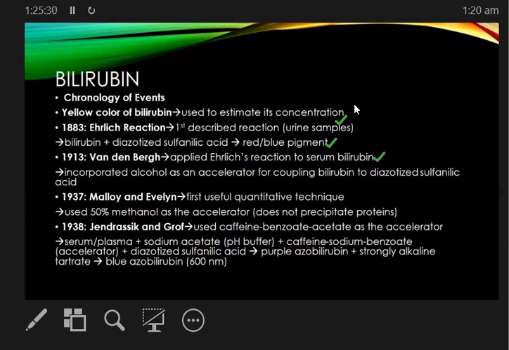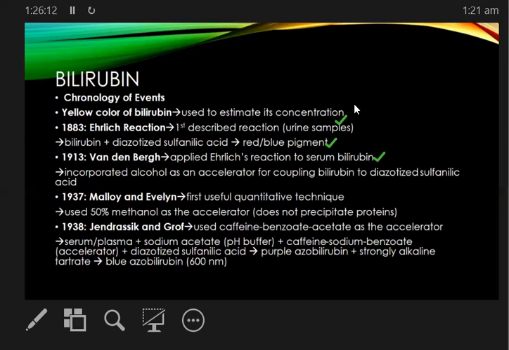Depending upon the type of bilirubin, there is a need to incorporate an accelerator. The purpose of the accelerator is to allow the measurement of unconjugated bilirubin, otherwise referred to as indirect bilirubin. Van den Bergh incorporated alcohol as an accelerator for coupling bilirubin to diazotized sulfanilic acid.